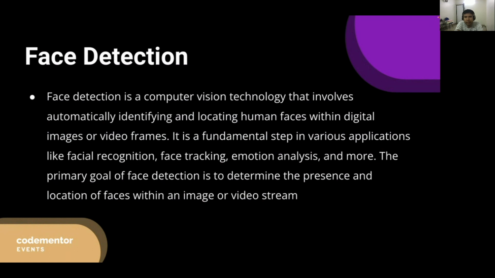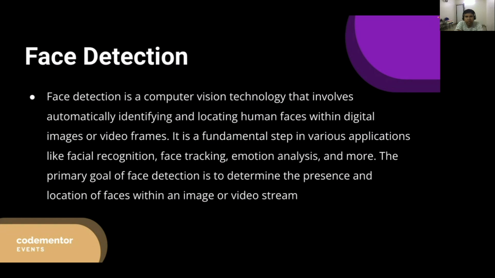Face detection is a technology where we identify the faces in the image, and then we can build multiple applications like recognition, tracking, and emotion of the faces. So it is a base step to any other algorithm.